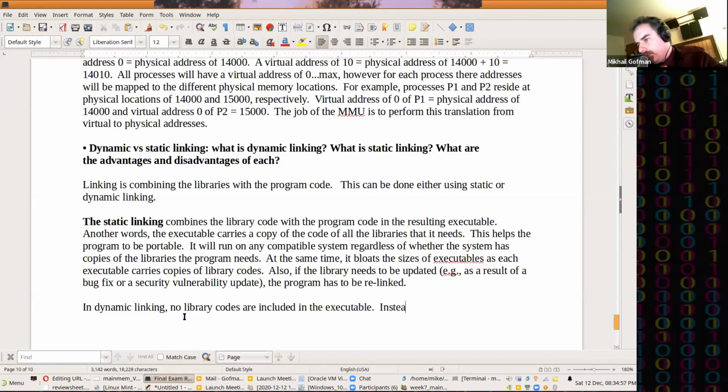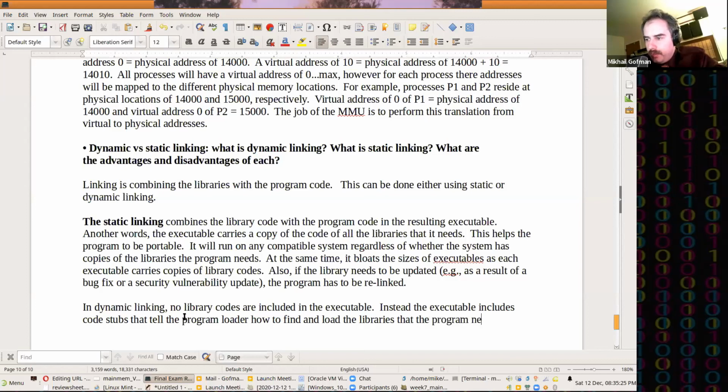Instead, the executable includes code stubs that tell the loader how to find and load the libraries that the program needs.